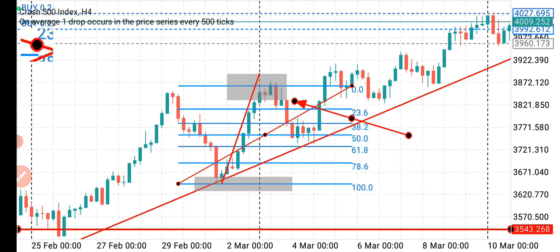We take this continuation trade by allowing the market to move to the point of 50.0%. So anything from 50, 61.8, 78.6, you can begin to look for your entry to go long.